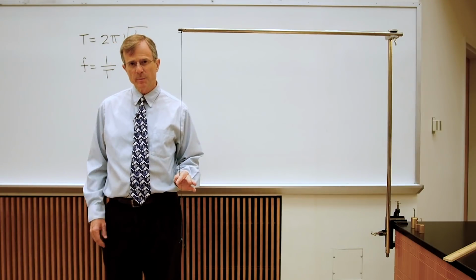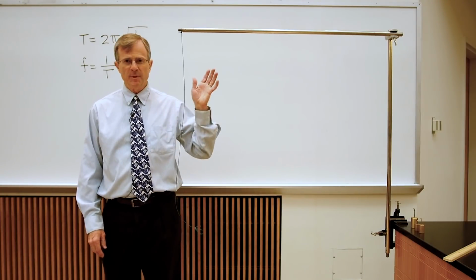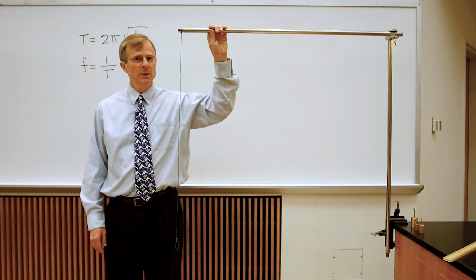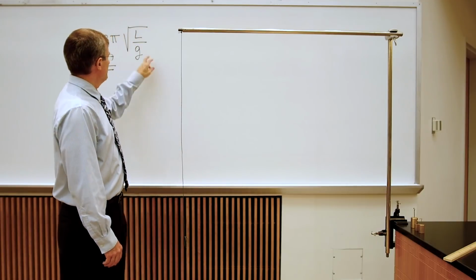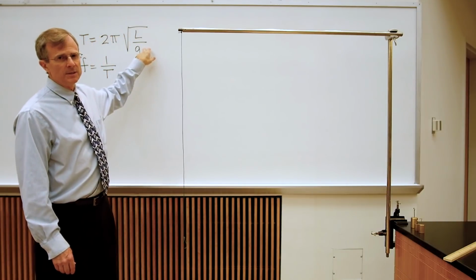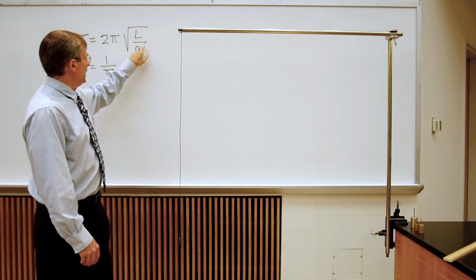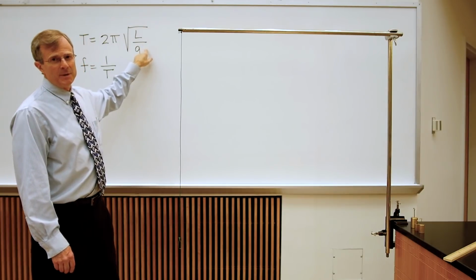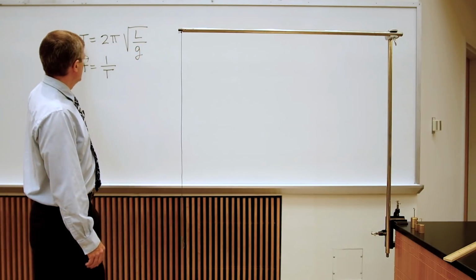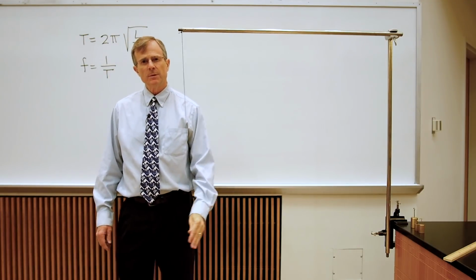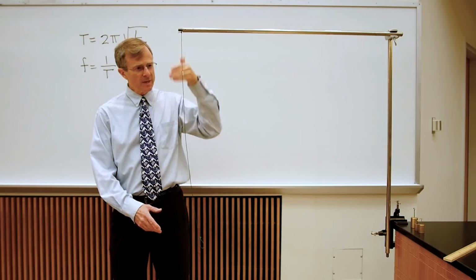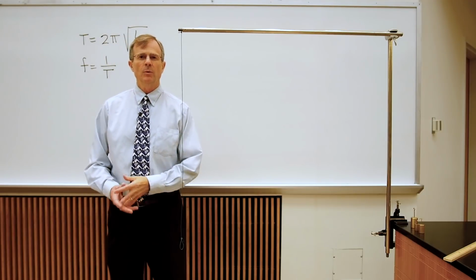If you were to take this pendulum and set it up exactly like this on the moon, where gravity is much less than it is on the Earth, you have a smaller gravitational acceleration. And given that that's in the denominator, you'd have a longer period. So it would take a longer time to make an oscillation with the same length that it would on Earth.